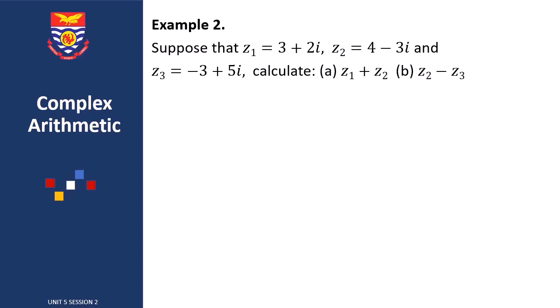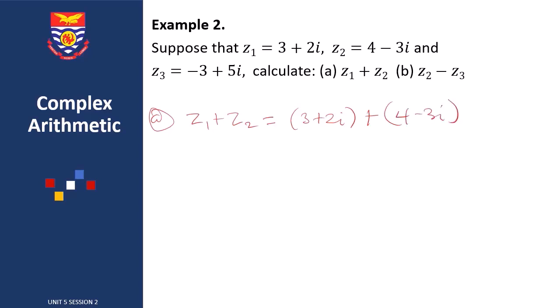First one, a, that is z1 plus z2. z1 is 3 plus 2i, and you add z2, 4 minus 3i.